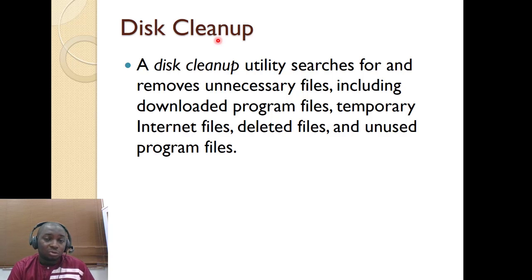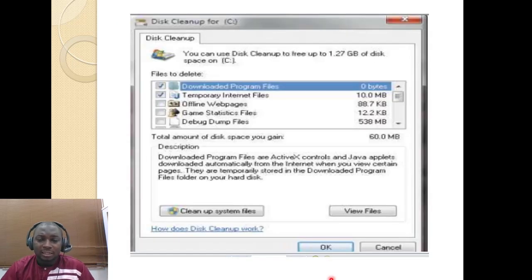You just go to the control panel, and then you type disk cleaner or clean, and then you get the right functionality to use, and then delete all the unwanted files. Sometimes you have a lot of files, and you prefer to delete them. Also, if you connect to the internet, you always get them. So to avoid them, you just use that component, and then everything moves on well.